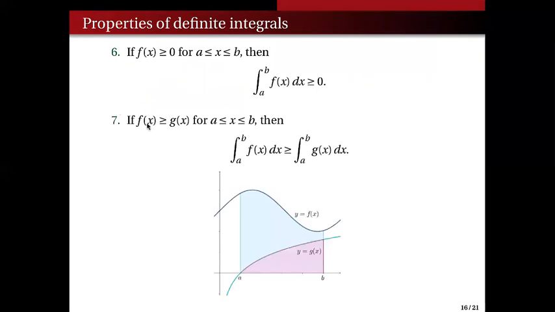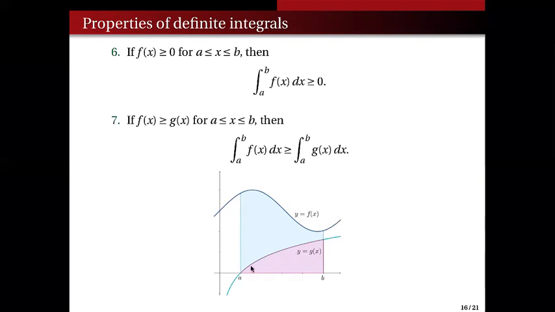If you have a function f of x and a function g of x such that f of x is greater than or equal to g of x for x between a and b, then the integral of f of x dx from a to b will also be greater than or equal to the integral of g of x dx from a to b. For example, in here, you have your function f of x.